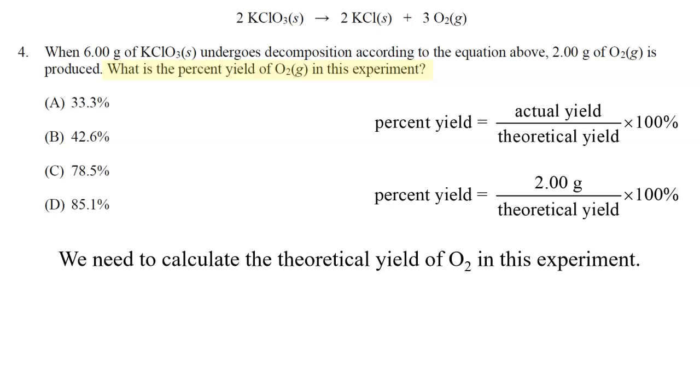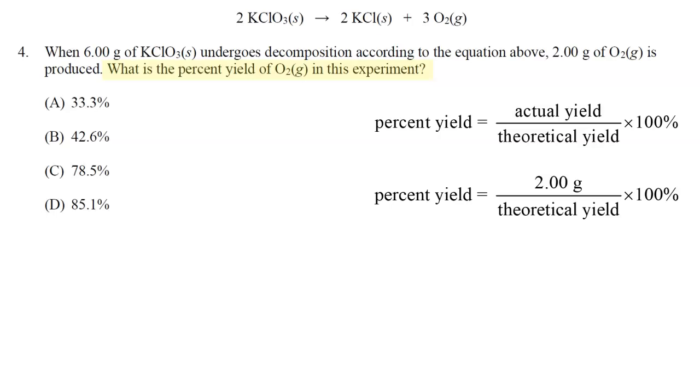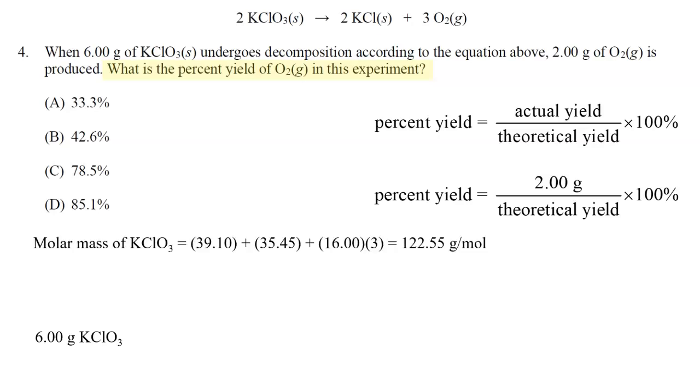So to calculate the theoretical yield of O2, let's start with 6.00 grams of KClO3. So 6.00 grams of KClO3 is going to be converted into grams of O2. The first step is to go from grams to moles. So using the information on the periodic table, the molar mass of KClO3 is 122.55 grams per mole.